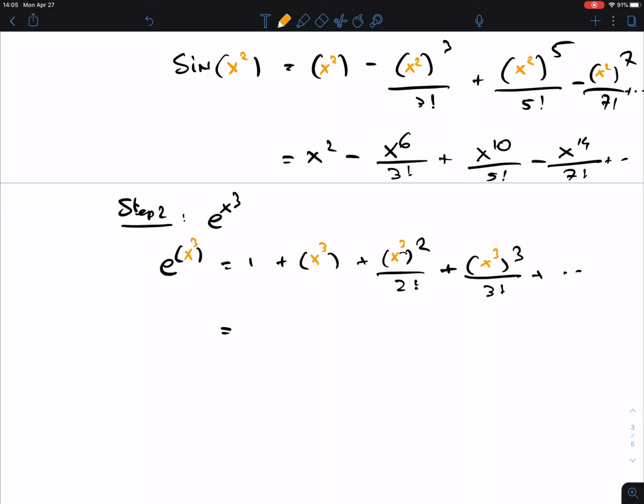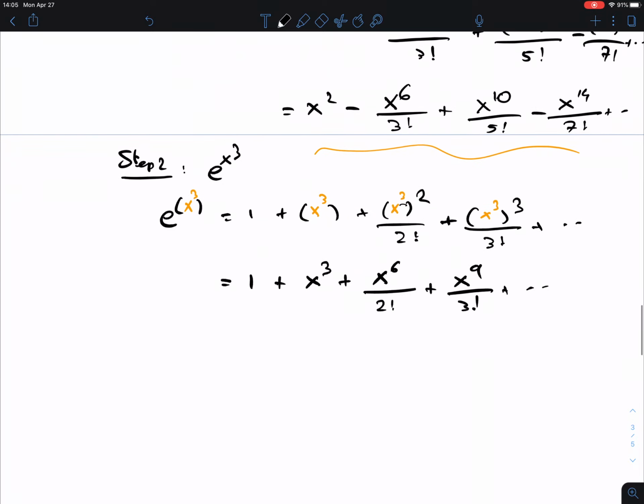If I said all the terms up to degree 4, that would be ridiculous here, since there's only 1. Sometimes I say the first so many non-zero terms, sometimes up to a degree, depending on the problem. So read the question carefully, because you don't want to do too much either. We get 1 plus x cubed plus x to the 6th over 2 factorial plus x to the 9th over 3 factorial plus dot dot dot.